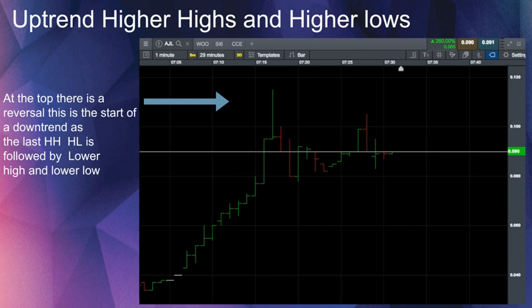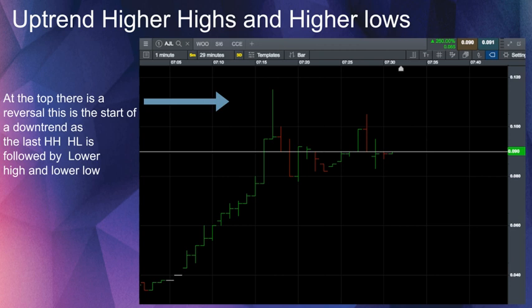This is a good example of a stock, AJL, which ran on Monday. You can see that clearly there. And when it reached the top, the reversal started, because after the green bar, the red bar that follows had a lower high than the previous one.